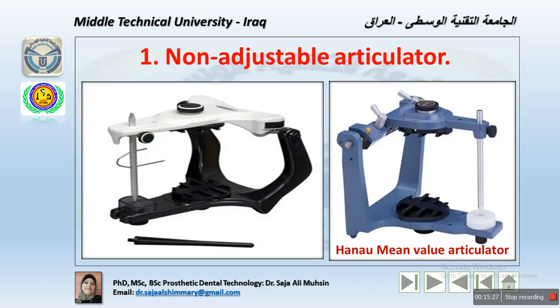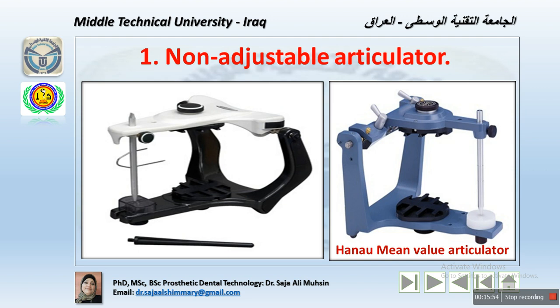So starting, for example, with the non-adjustable articulator, these are the simplest articulators available. They can open and close in a fixed horizontal axis. They have a fixed condylar path along which the condylar ball can be moved to simulate lateral and protrusive jaw movement. Okay?